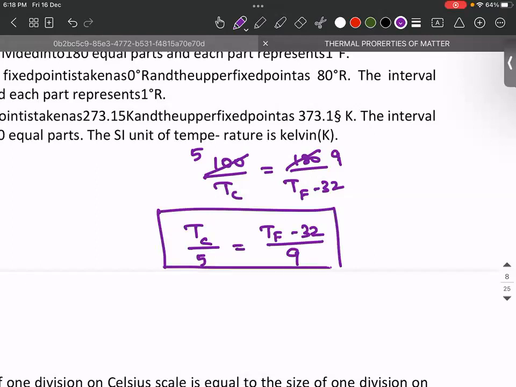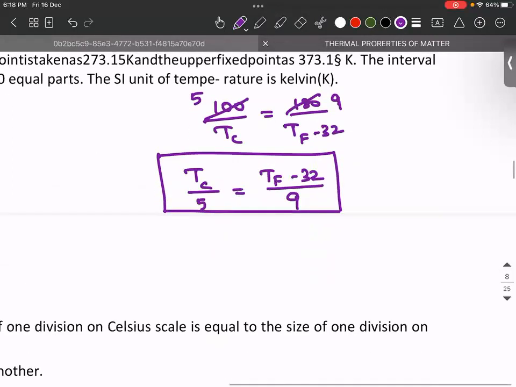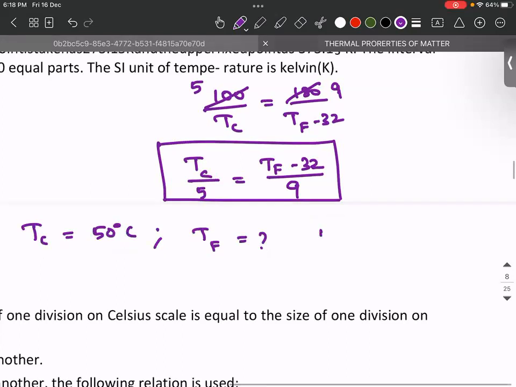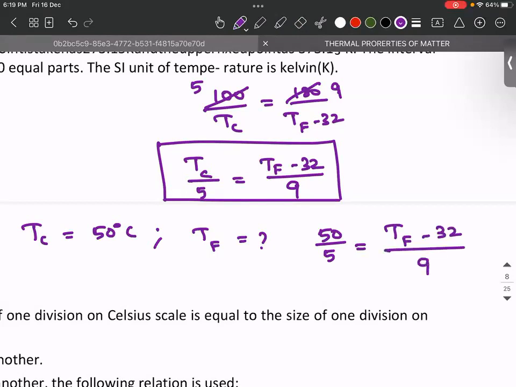You've seen this mathematical expression. Suppose I give you the temperature to be 50 degrees Celsius. If I ask you to convert it to Tf, how will you write it? Then you use this expression. Then how will you do the conversion? 50 divided by 5 is equal to Tf minus 32, the whole divided by 9.